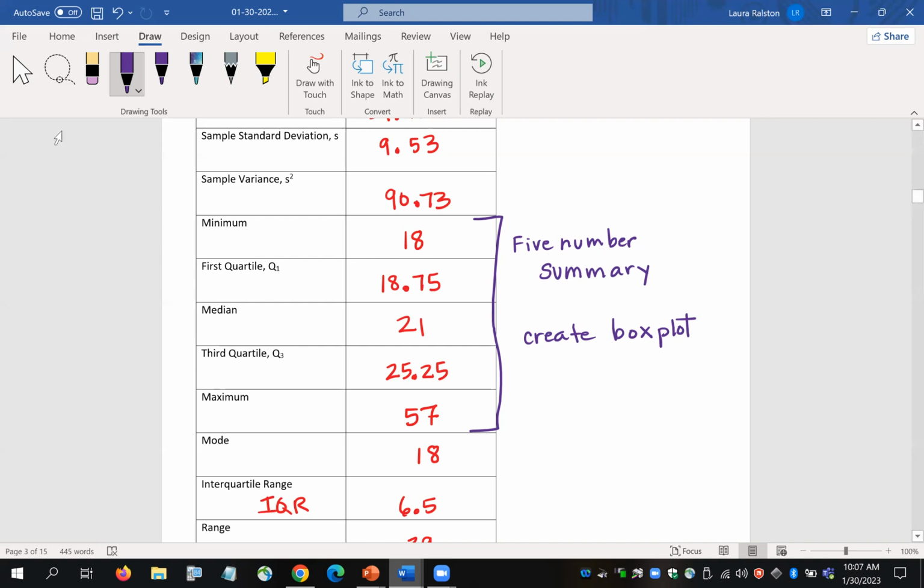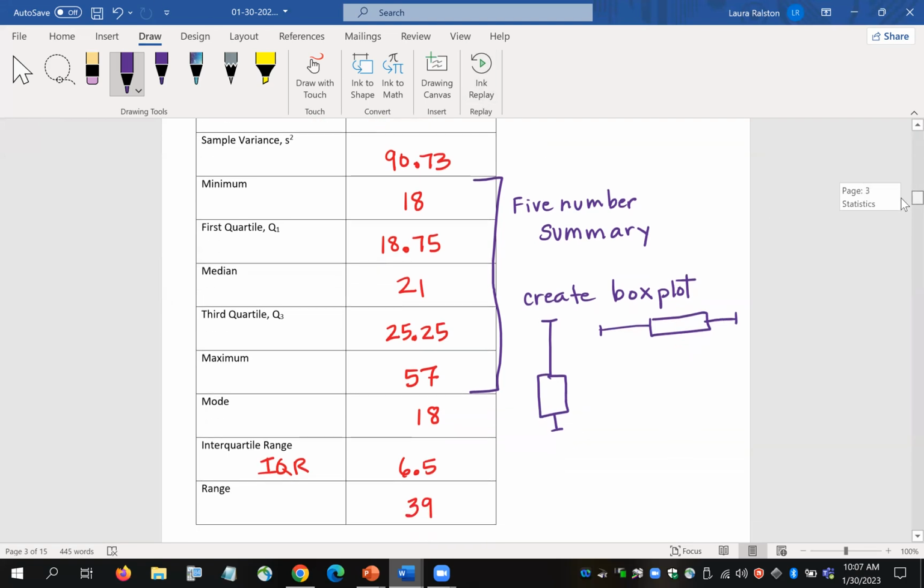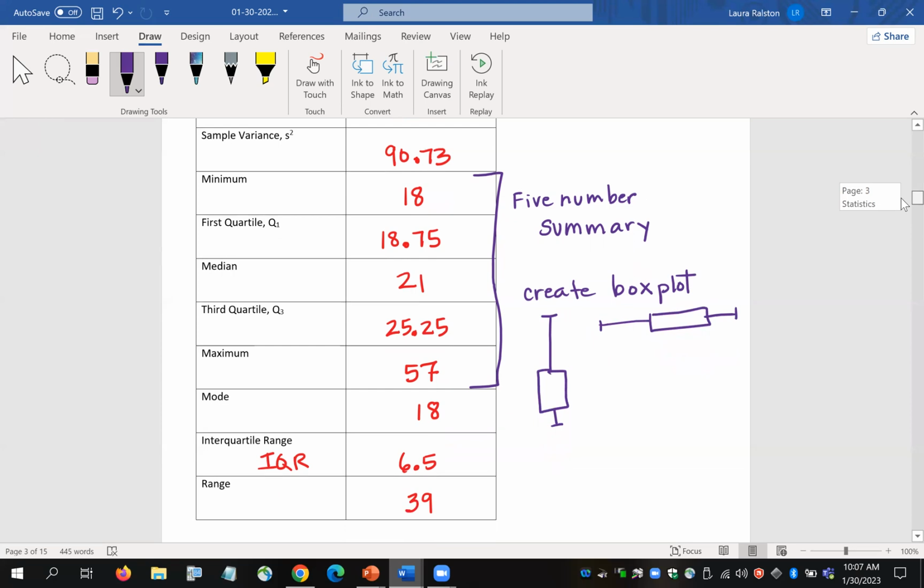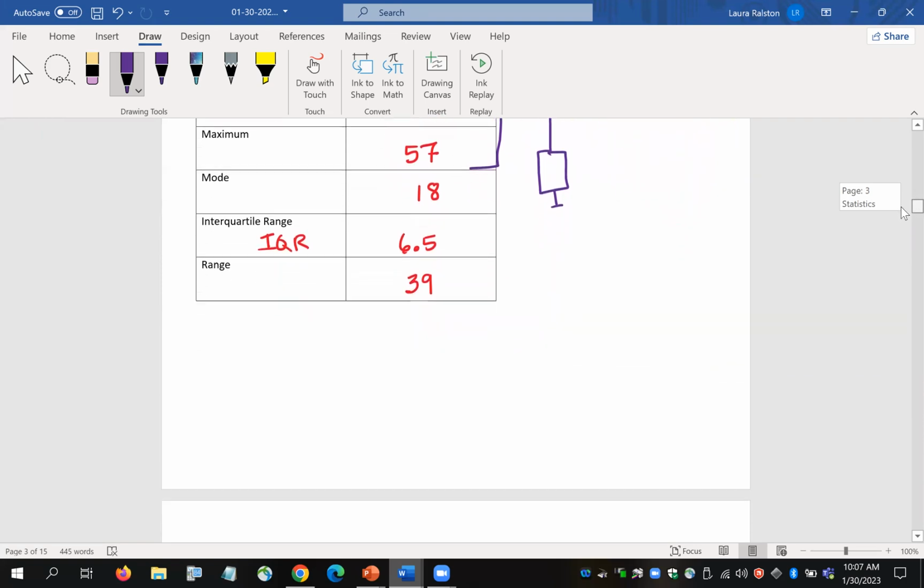A box plot, just as a side note, can be displayed horizontally, or it can be displayed vertically. And it doesn't matter which way you display it. I have a tendency when I draw it by hand to do it horizontally. I do know that Minitab draws it vertically. It's okay. You should get the same picture.